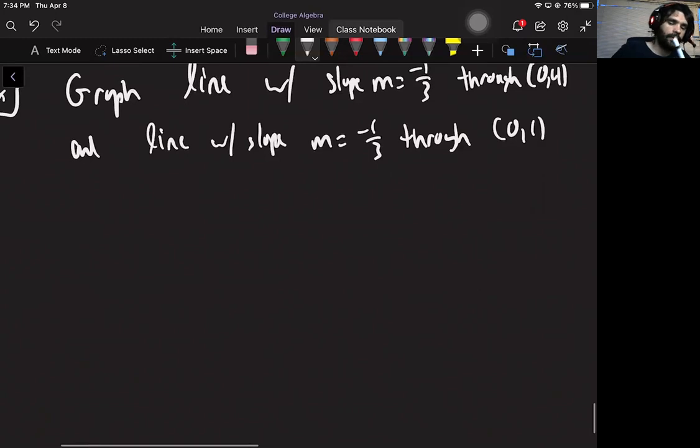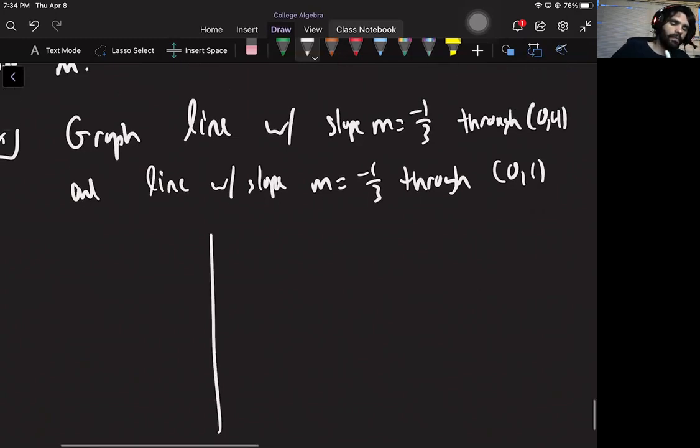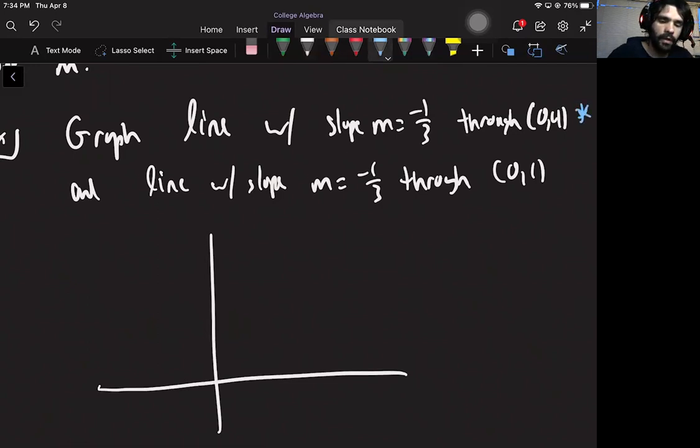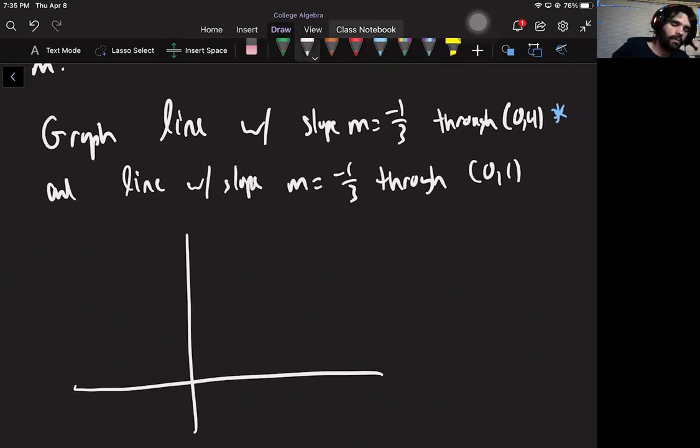Okay, so first line, maybe I'll do that one in blue. So I go through 0, 4. So I go over 0, up 4. And then I use my -1/3. So I'm gonna go down 1 and right 3. So down 1 and then to the right 3 takes me here.